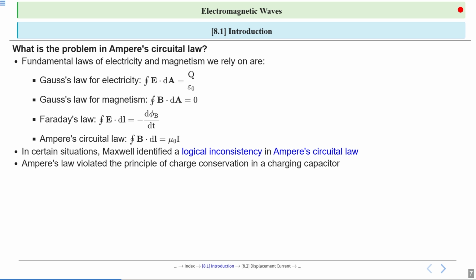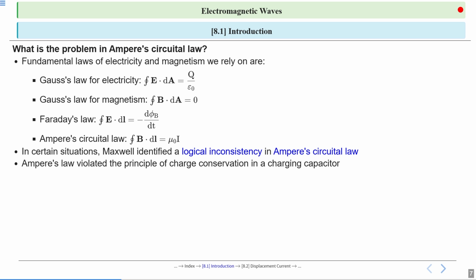He performed an experiment. He placed a magnetic needle near the wire that is connecting the two plates of the capacitor with the source. That magnetic needle showed a deflection. But when he placed the needle between the plates of the capacitor, it also showed a deflection, though there is no current flowing between the plates.